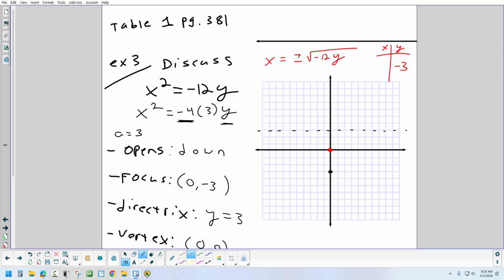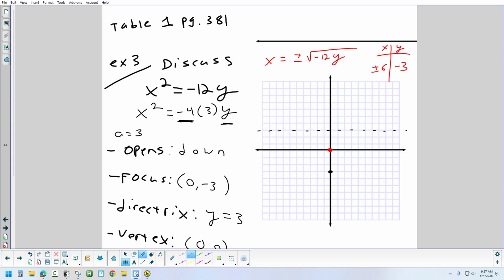And what do you get for x if you plug in -3 for y? Plus or minus 6. Now, that's perfectly fine.